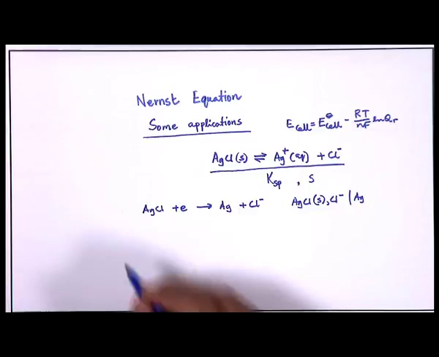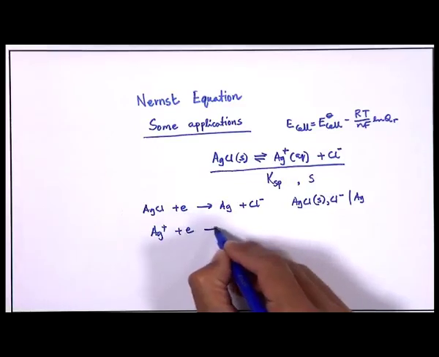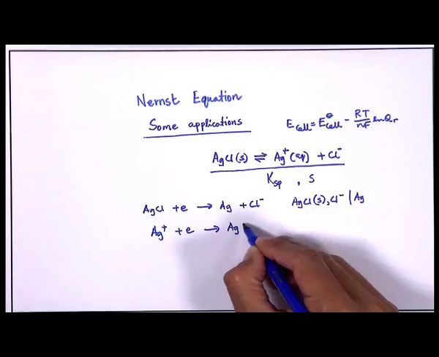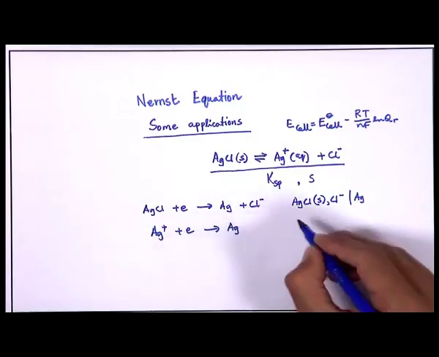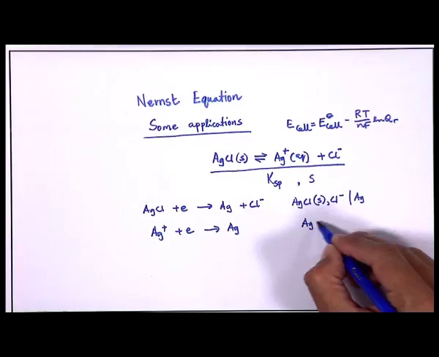And if we look at another reaction, Ag plus plus electron giving Ag solid, its corresponding representation is Ag plus, Ag.